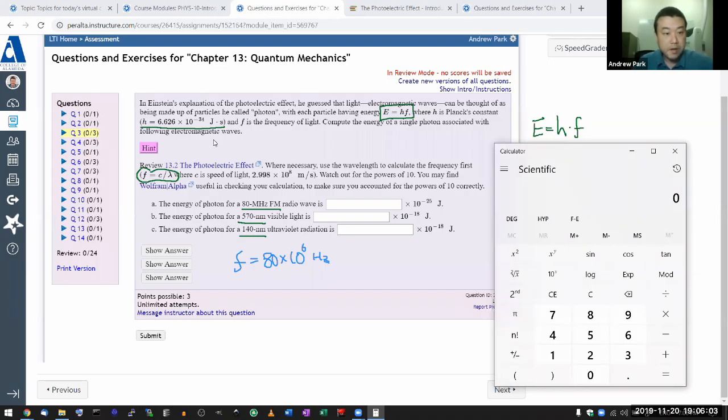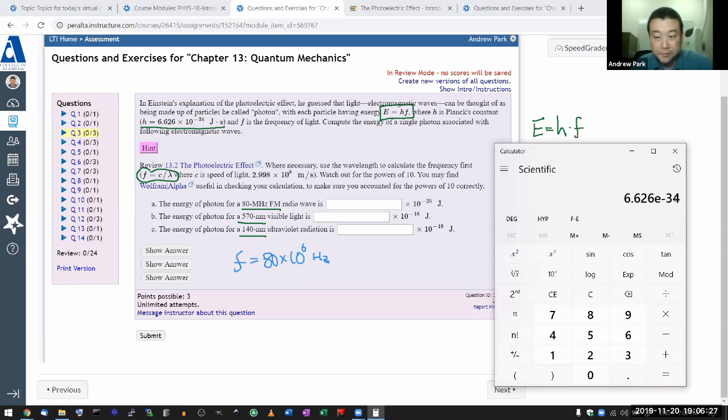So let me do h, 6.626, and power of 10. It's this button for this calculator. Oh wait, not that button, sorry. I think it's that one. Okay, 6.626, this is the times 10 to the power of button, 34 minus.